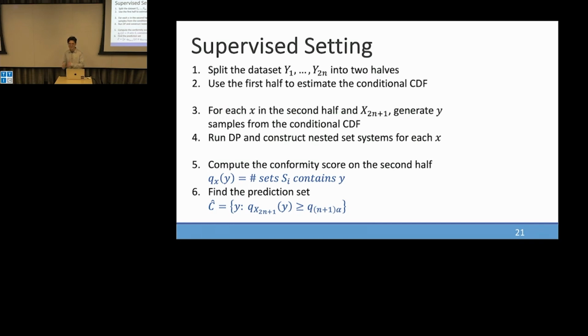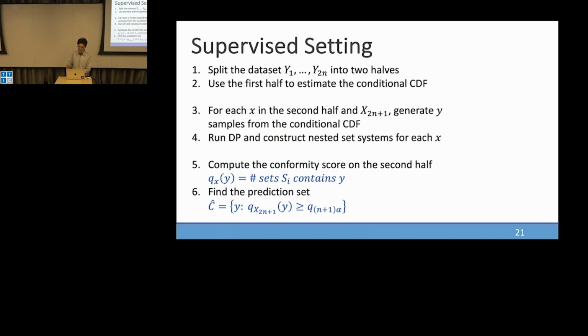The good thing is after you construct this nested set, for different x feature values, the conformal score is between 0 and 1. So basically you scale this kind of uncertainty to the same level for different feature x.